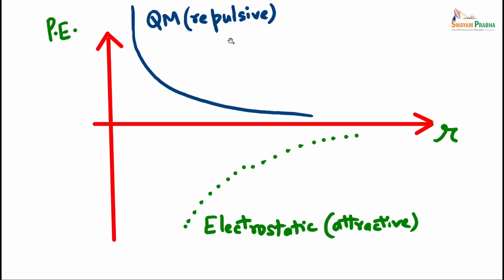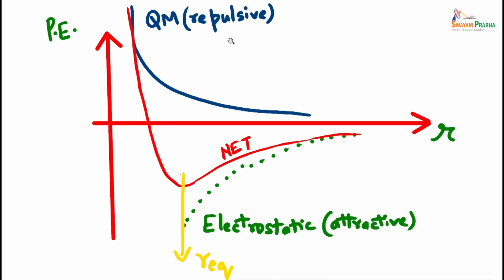The attraction is the negative potential energy, 1 by r. The repulsion, quantum mechanical, empirical, r to the power n, is positive, and the net sum is here. You can combine the two, and this is the equilibrium distance between Na plus and Cl minus, because that's the minimum of the energy. That is where it should exist.